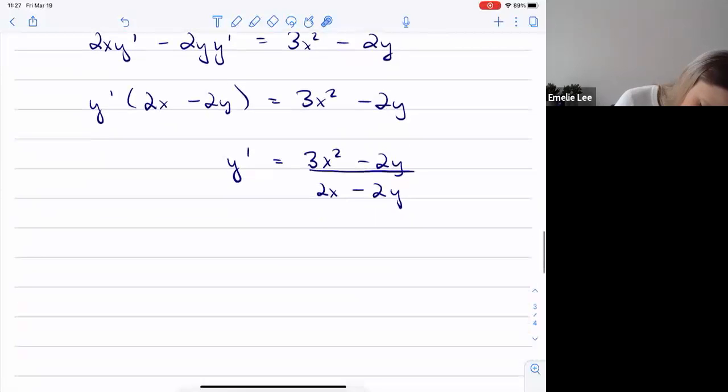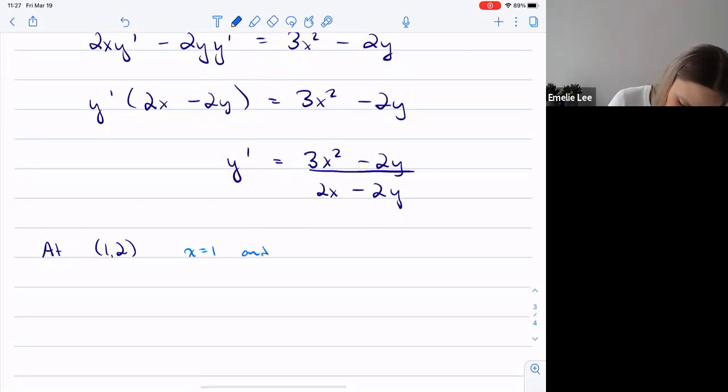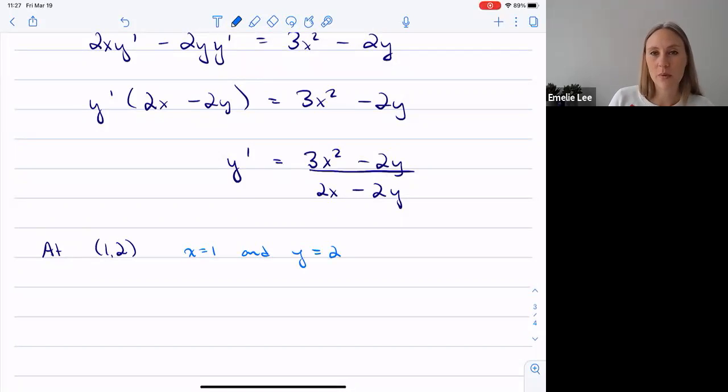So at the point 1, 2, x equals 1 and y equals 2, we can just plug those into y prime, right?